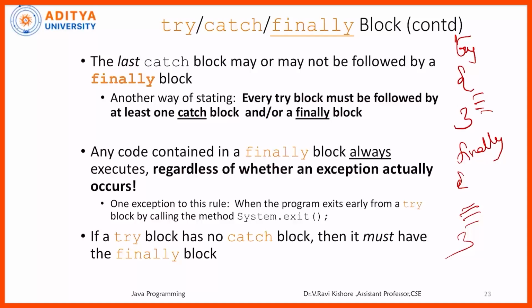If the try block has no catch block, then it must have the finally block. Try catch or try finally, that I can write. That is the relationship between try, catch and finally. Clear? In this way, the try and catch blocks are to be maintained.